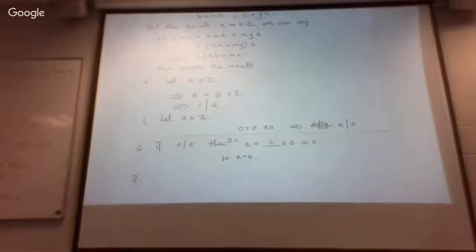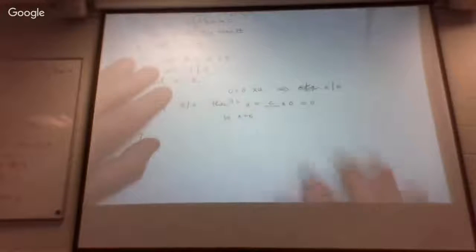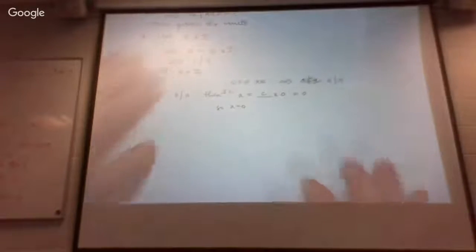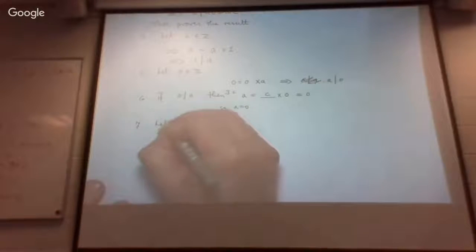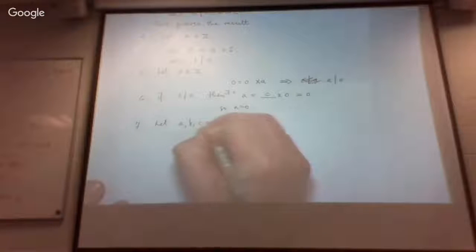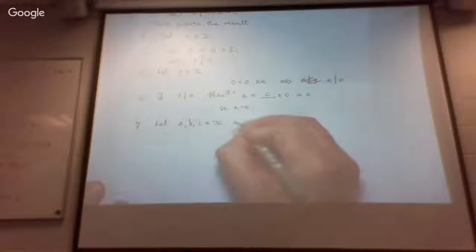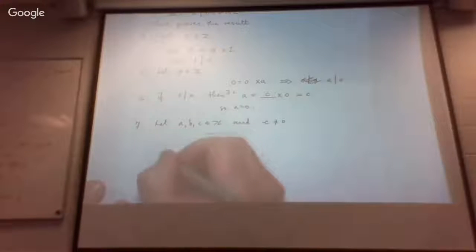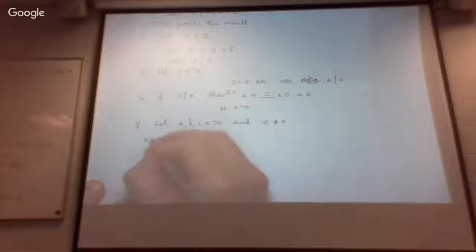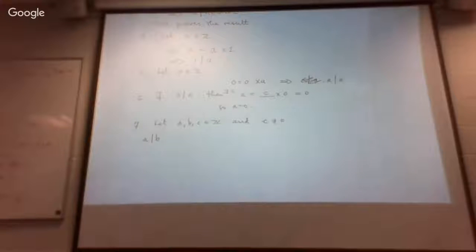Then the last one: if C is non-zero, then A divides B if and only if AC divides BC. We let A, B, and C be 3 integers and insist that C is a non-zero one. And we want to show A divides B if and only if AC divides BC.